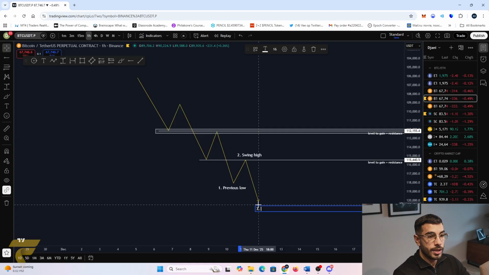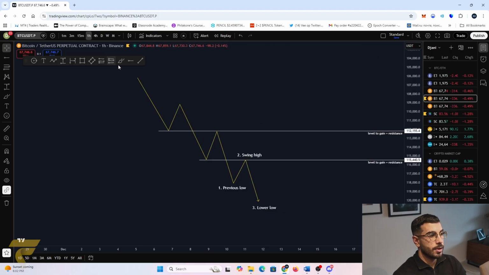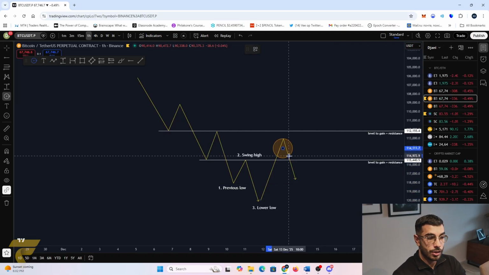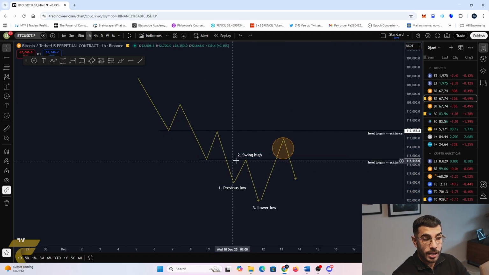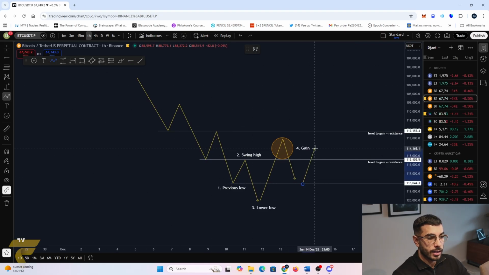When we have the first three key points of a so-called potential reversal, you need to be very aware and alert, okay? What do we need to do in order to break the downtrend? We need to get above the so-called level to gain, which functions as a resistance level. And then whenever you have gained this particular level, which is number 4, of course, because we are breaking through the level to gain or the resistance level, whenever we are getting the retracement, we would be very interested in taking a trade.